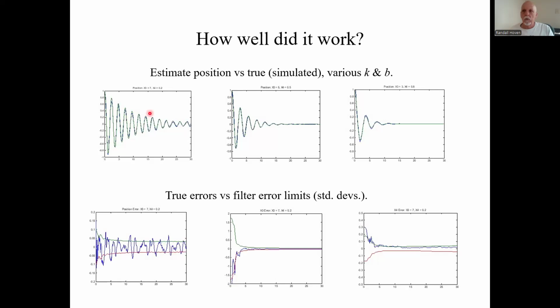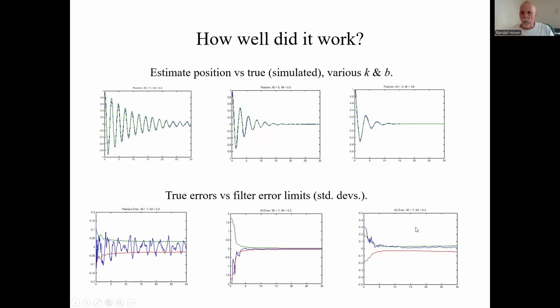These are true and estimates of position along the top. This is a position error for one case, along with the filter's estimate of its own accuracy, the one standard deviation confidence limit, and it looks pretty good. Your true errors generally stay within those confidence bounds.